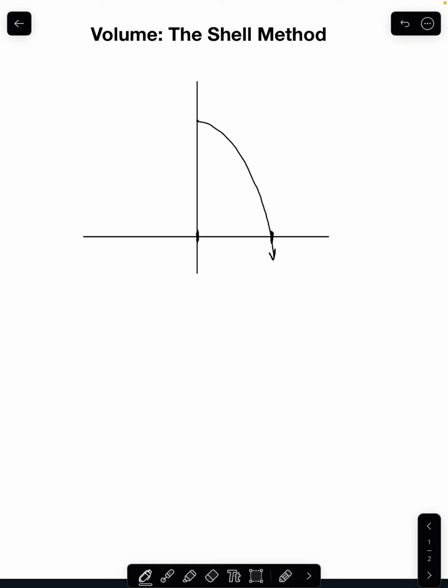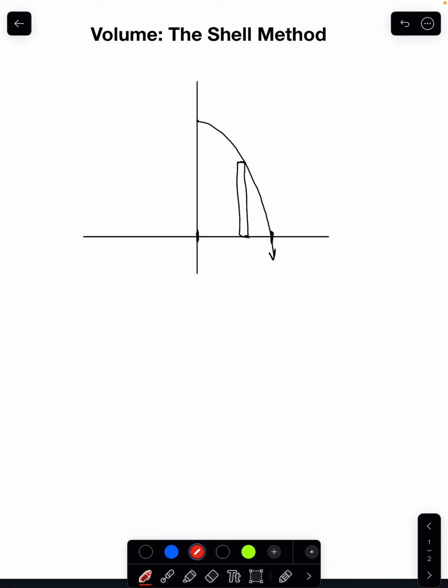Now, any partition on this would result in a rectangle, such as this. If we were then to rotate this around the y-axis, note that the rectangle is vertically oriented, the same as the axis itself.